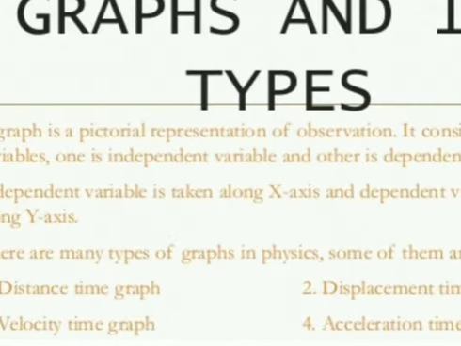A graph is a pictorial representation of observation. Whatever you observe, if I want to make it in the form of a graph, in the form of pictures, in the form of a comparison, then I should take a graph.